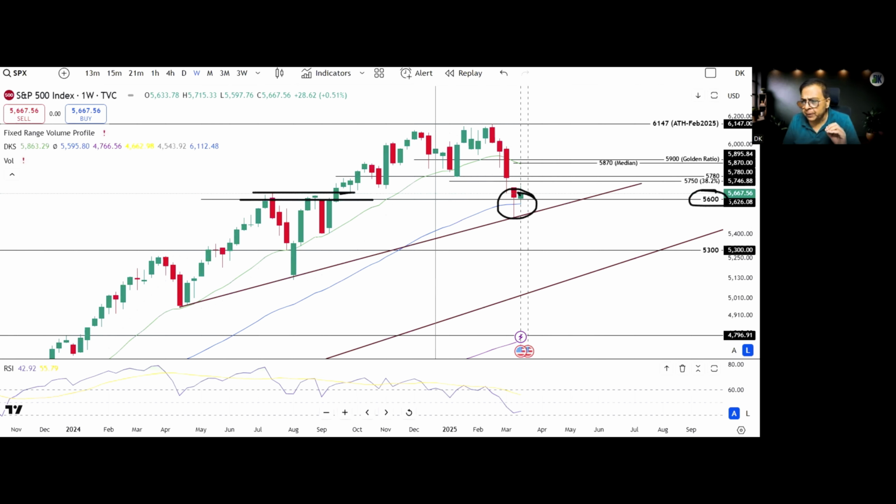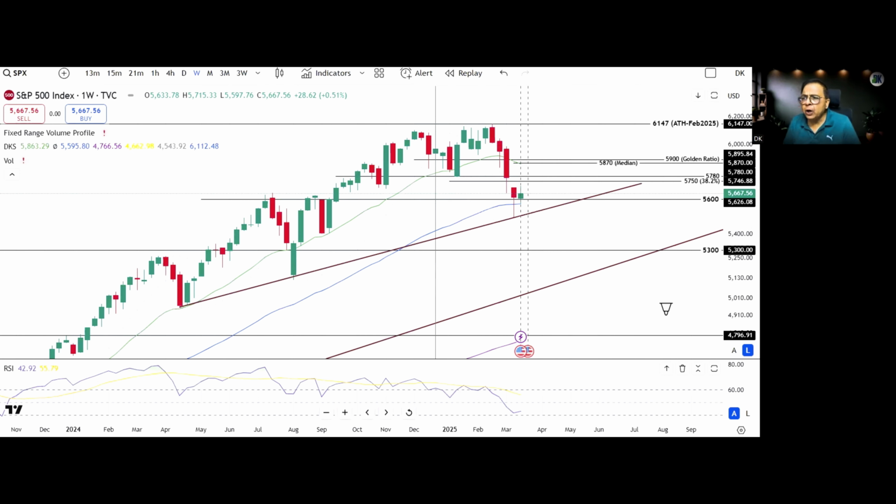Where is the possible resistance? If you do the retracement analysis of this corrective wave, which is called a secondary wave, then 38.2% retracement level comes at 5,750. So this area where earlier the price has taken support and there was a breakdown here. So 5,750 to 5,780 is the immediate supply area.